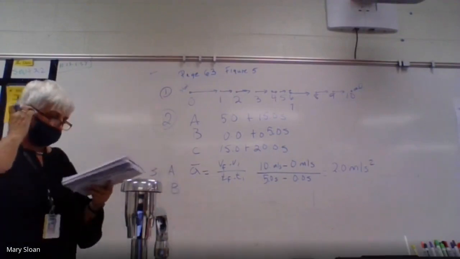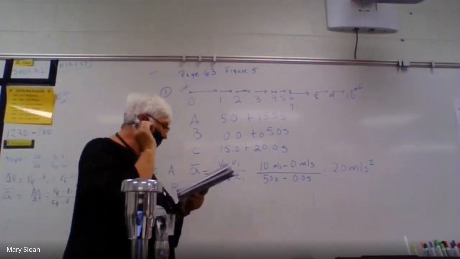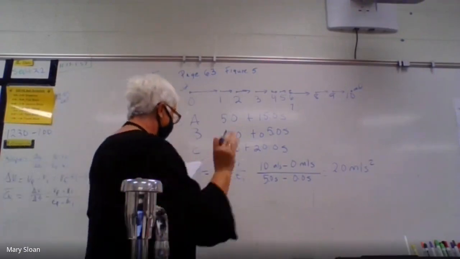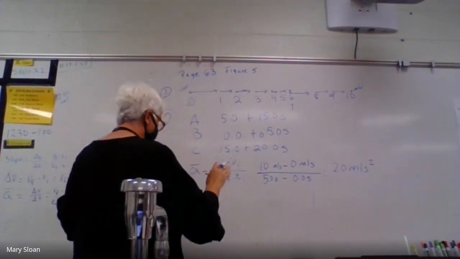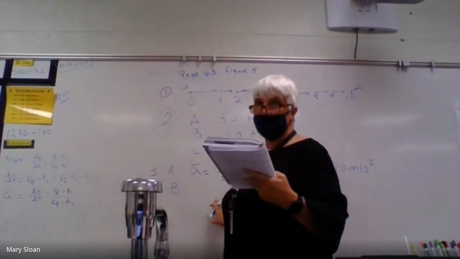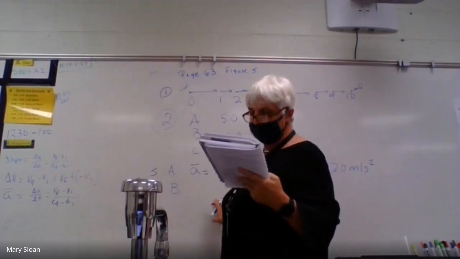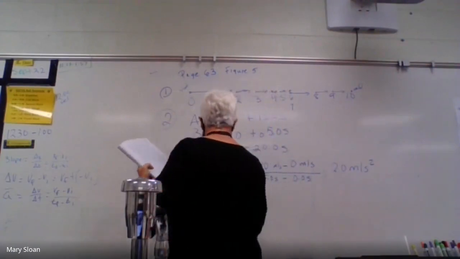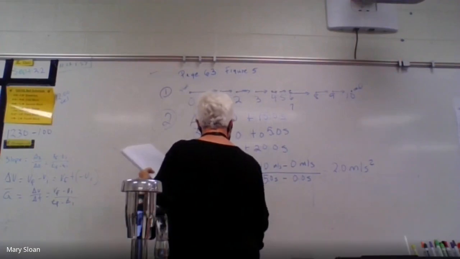B. Are you ready? So we are going from 15 seconds to 20 seconds now. All right. What is my velocity final for that time? For 20 seconds, what's it equal to? How many meters per second? 4. 4, right? 4.0 meters per second.